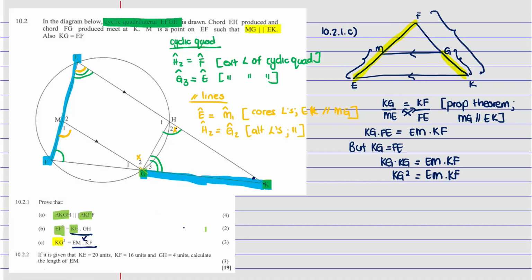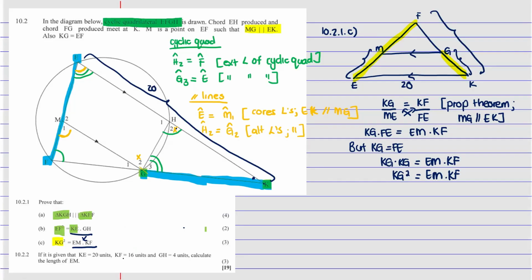KE is the base in our case. So KE, which is the whole part here, the base, is equal to 20 units. Let's write it here so it can make sense. This is equal to 20 units.